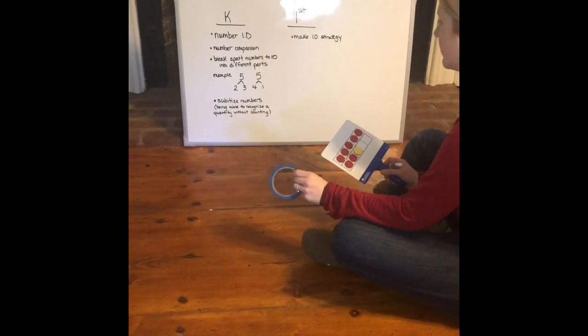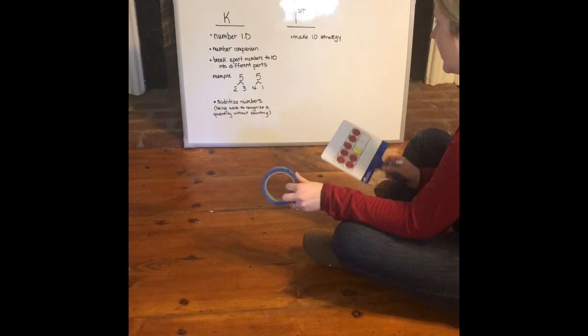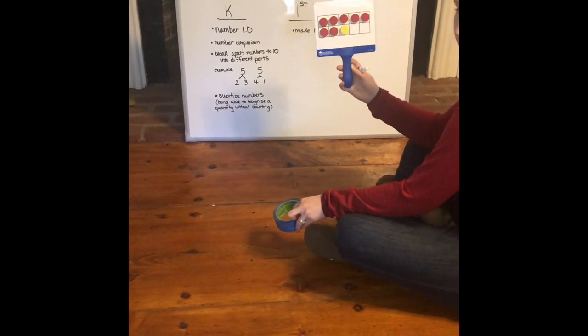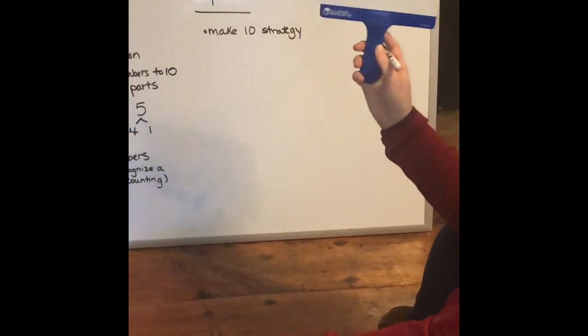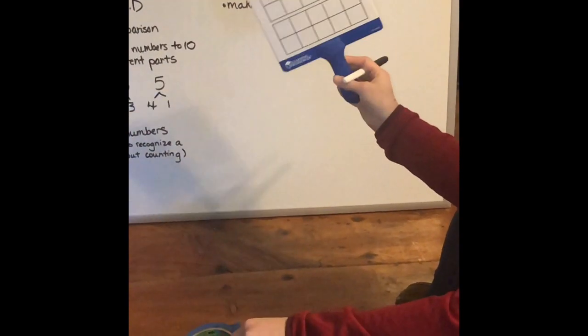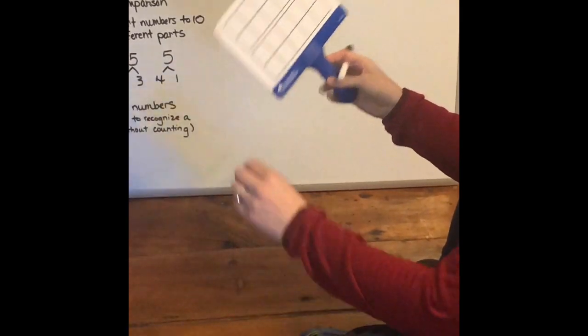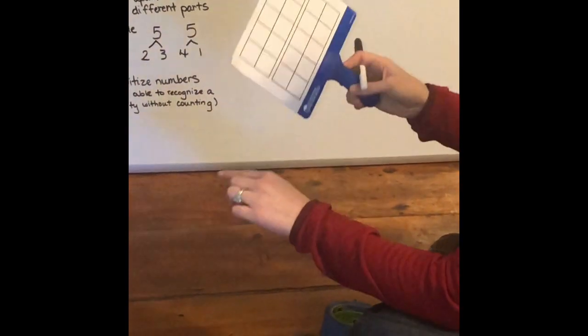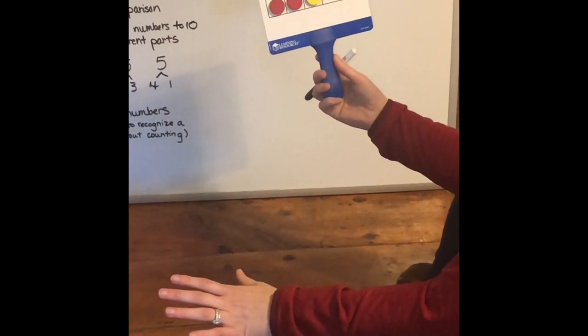The second activity I want to show you that you can do with painter's tape is creating what this is called. My friends, this is the most used tool, I think, in my small instruction, in my classroom. You can kind of tell my materials are starting to fall apart here. This is what we call a 10 frame.